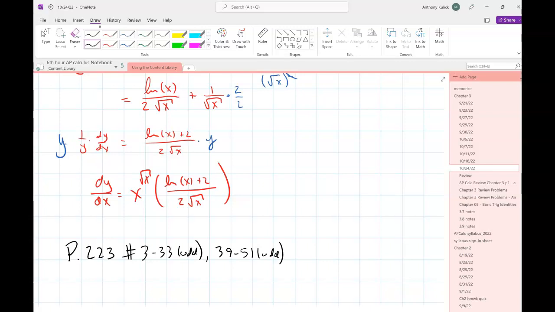So that first block of problems is just derivatives with logs in it. The second block is logarithmic differentiation problems, but should be pretty doable. That'll close section 3.6 for us.